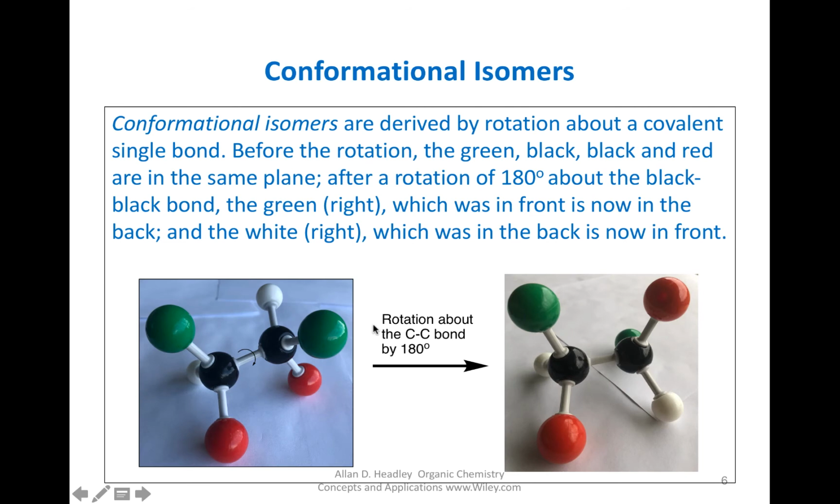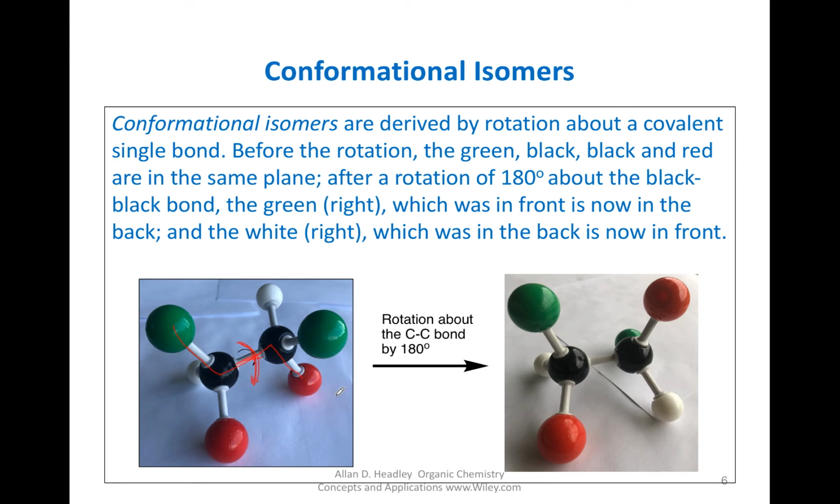Let us look here at another aspect of this molecule. So the same molecule we had, but in this case, let's rotate around this bond. When you build your molecule, you can see that this bond here is flexible, and there can be rotation about this carbon-carbon bond. So take your model and rotate around this bond.